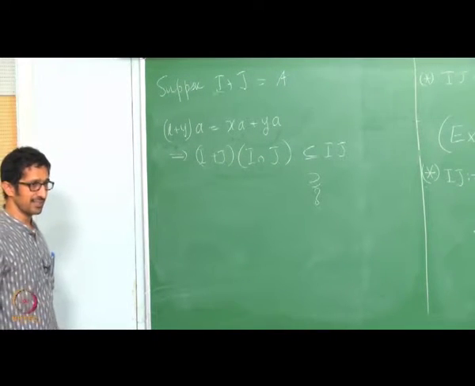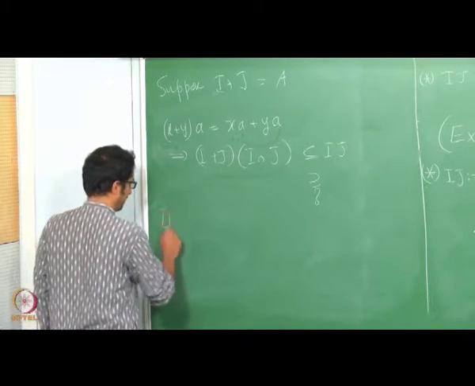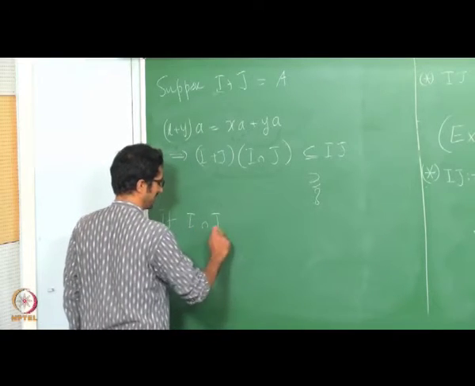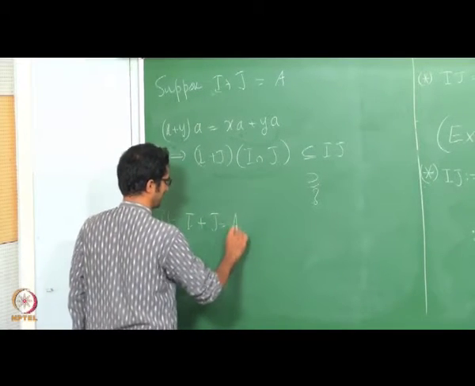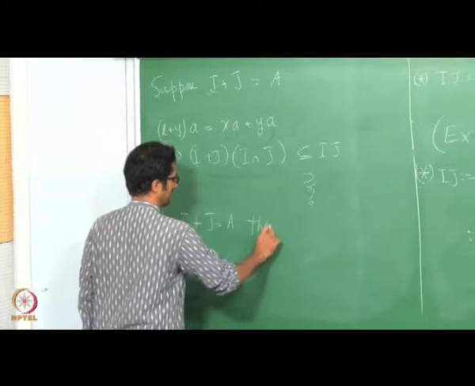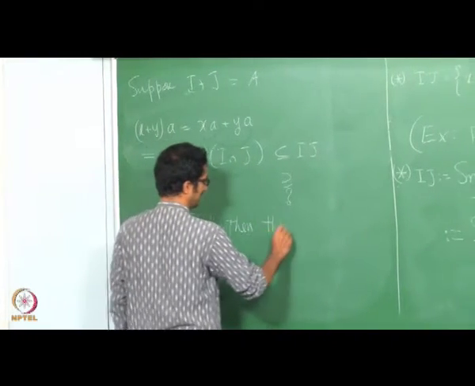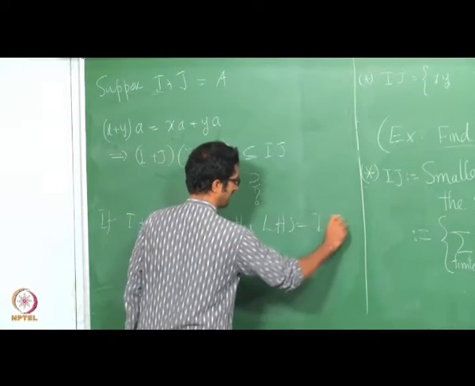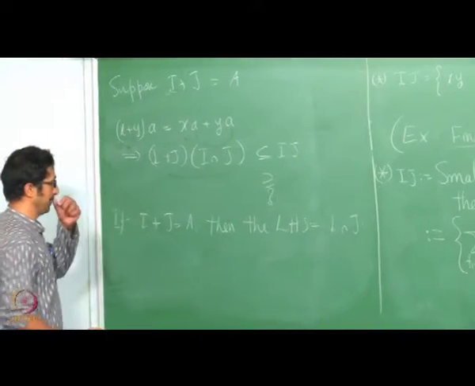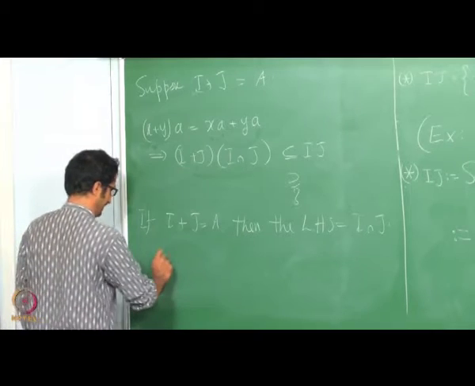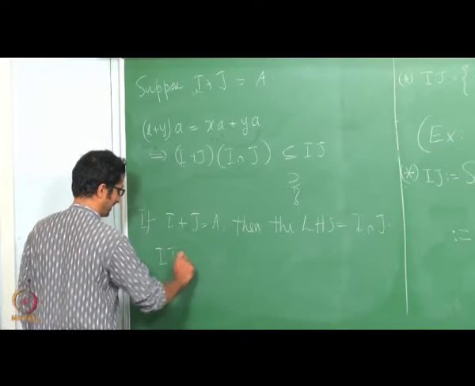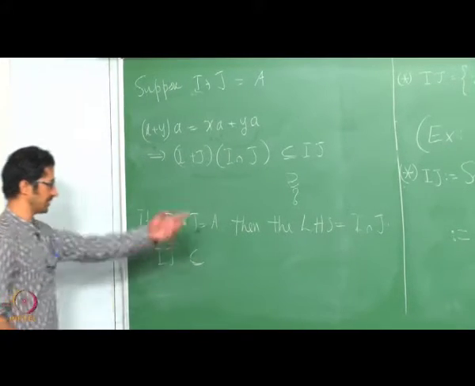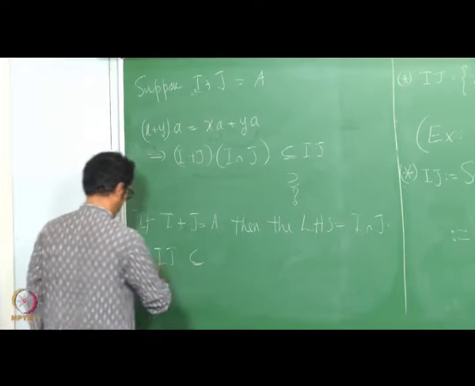Is that clear? So if I plus j is the whole ring, then the left hand side is equal to I intersection j. But at the same time, I j is always contained in I intersection j, that is what we saw just now.